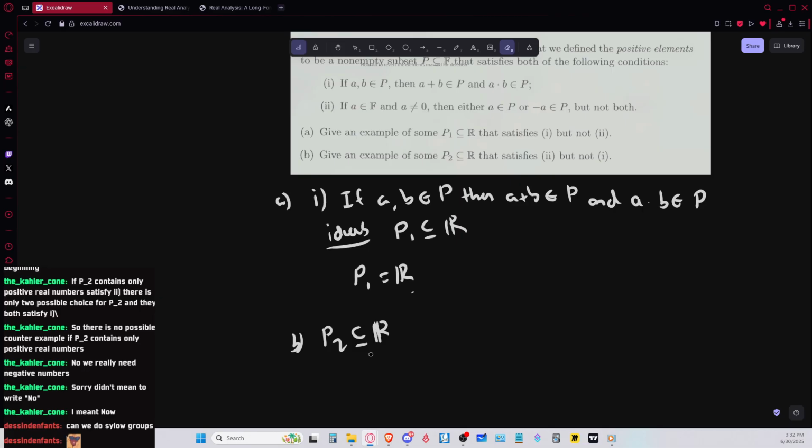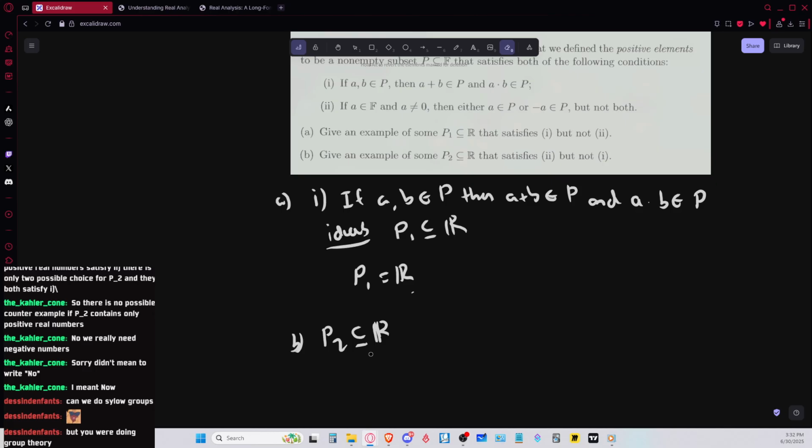For some reason, I instantly thought, what if we just write the absolute value? P is like the set of all absolute value numbers. But were you doing group theory?